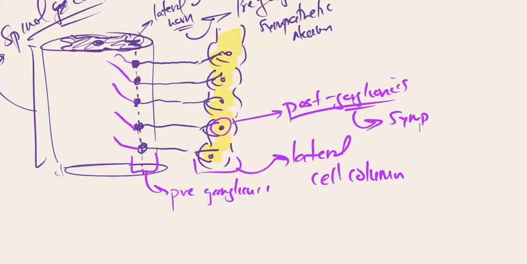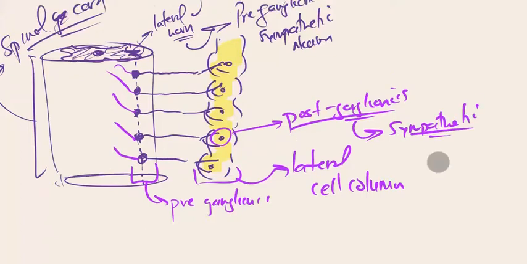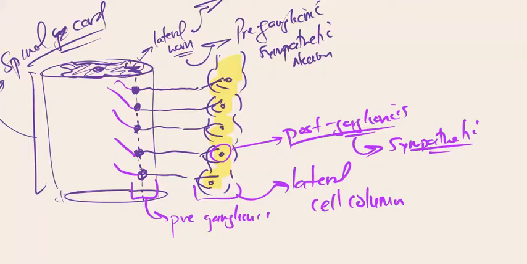Parasympathetic is cranial and caudal. For parasympathetic, the preganglionics are cranial and caudal, and the postganglionics are on the body of the organ.